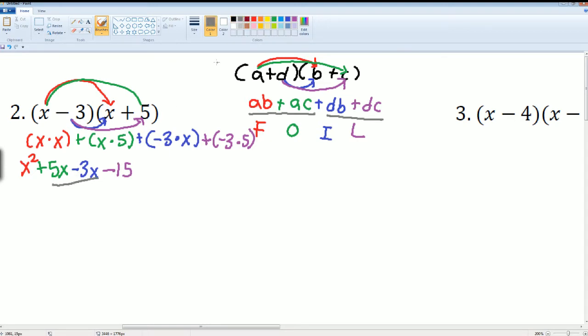They can be combined. So you have x squared plus 2x minus 15. The 2x comes from 5x minus 3x, which is equal to 2x. That's how I got this answer. Everything else comes straight down.